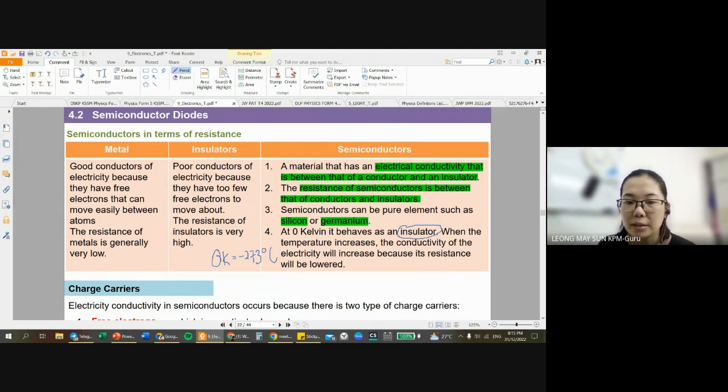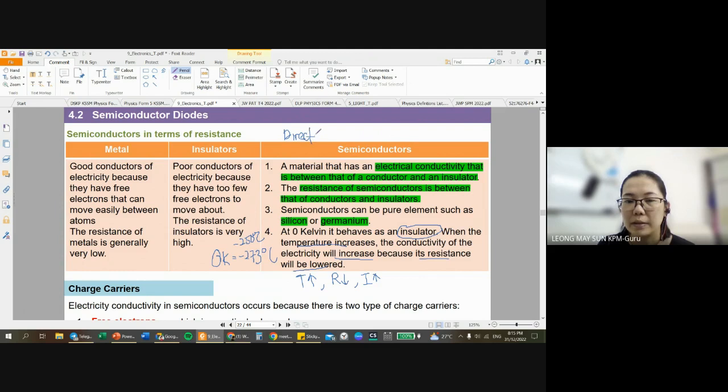When the temperature starts to increase, even if it's just negative 250 degrees Celsius, the conductivity increases because the resistance has been lowered. As the temperature increases, the resistance drops and therefore allows current to increase. And when I talk about semiconductors here, I'm talking about direct current.